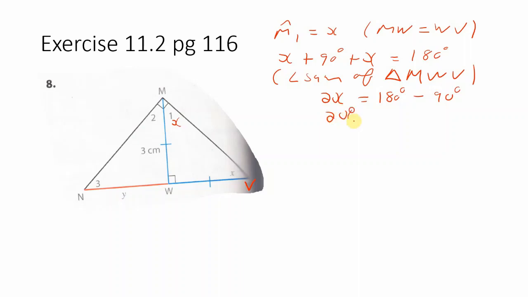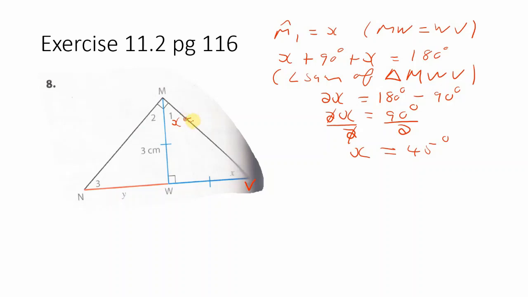So now 2x is equal to 90 degrees. I do not want 2 x's, I only want 1. I therefore have to get rid of the 2. The opposite of multiply is divide. Whatever I do to the left, I do to the right. So now the 2's cancel and x is 45 degrees.